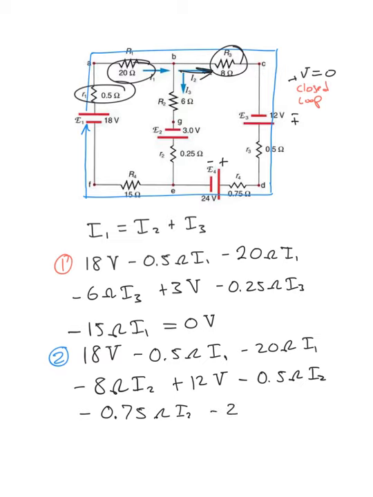So we're going to lose 24 volts here as we move across this E4 battery. And then finally, we're going to lose some more as we have our 15 ohm resistor with I1 passing through it over here just before we get back to our original point of the 18 volt battery. And when we add all of these things up again, it must equal 0.